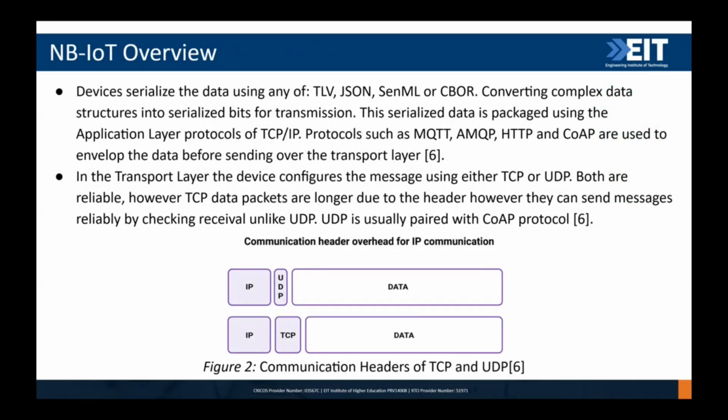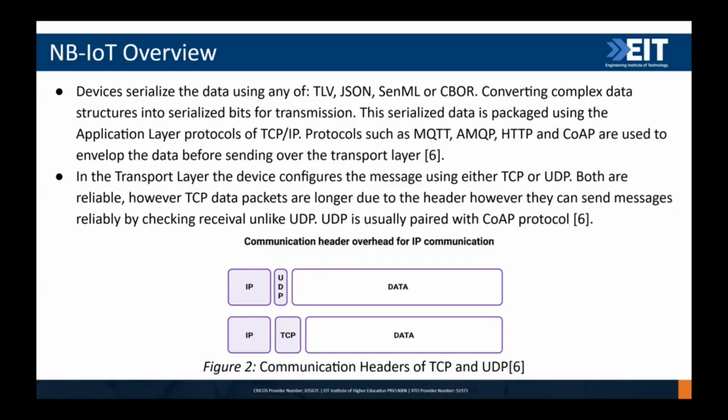Looking into how NB-IoT shares its data packets, we can see that the devices normally serialize the data using any of these protocols: TLV, JSON, SNML, or CBOR. These convert the complex data structures into serialized bits for transmission. The serialized data is packed in the application layer by protocols such as MQTT, AMQP, HTTP, and COAP.